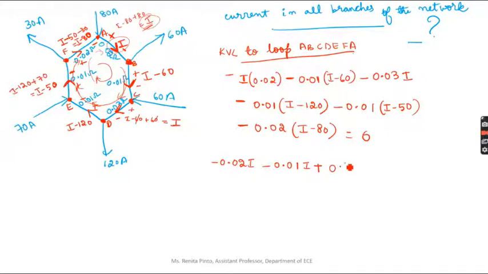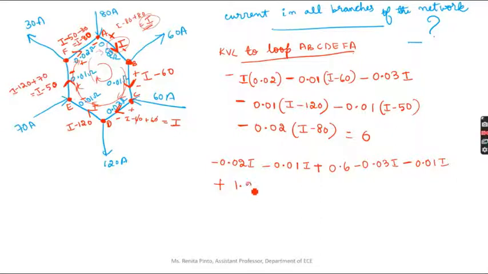So plus 0.6, minus 0.03 I, minus 0.01 into I, minus into minus is plus, so plus 0.01 into 120, that will give you 1.2.